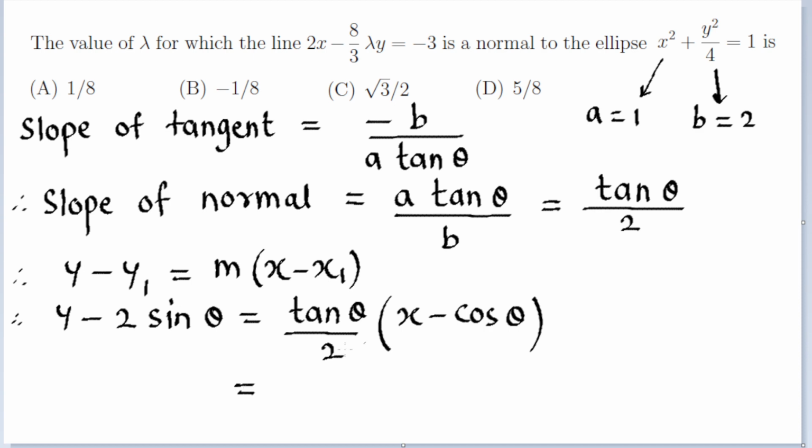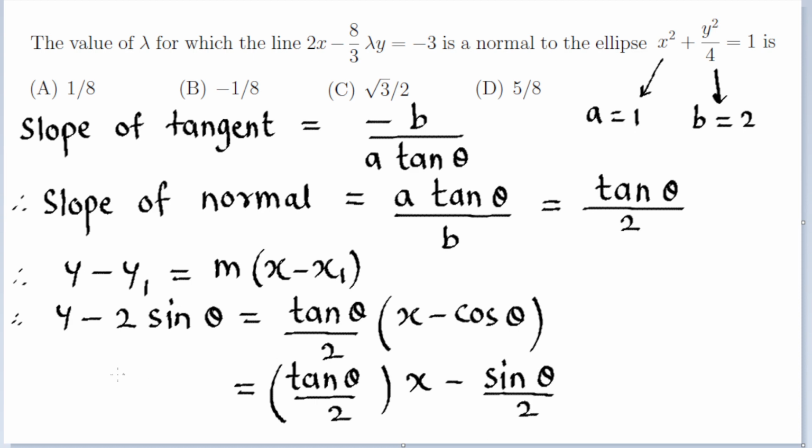So simplifying further, we will get tan theta by 2 times x minus tan into cos, cos gets cancelled and you are left with sin theta divided by 2, right? So that is what y minus 2 sin theta is.